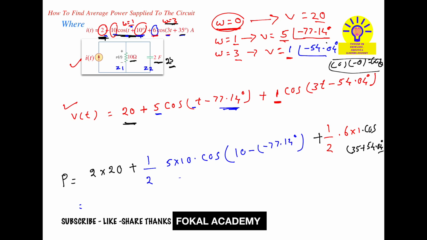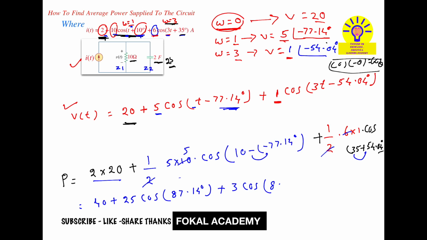It becomes 2 into 20, 40, plus here 2 ones 2, 5 into 5 is 25, into cos of 10 plus 77.14, that is 87.14 degrees, plus here 2 ones 2, 3 into cos of 89.04 degrees.